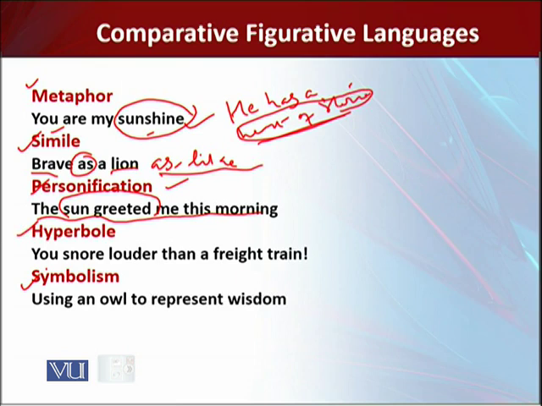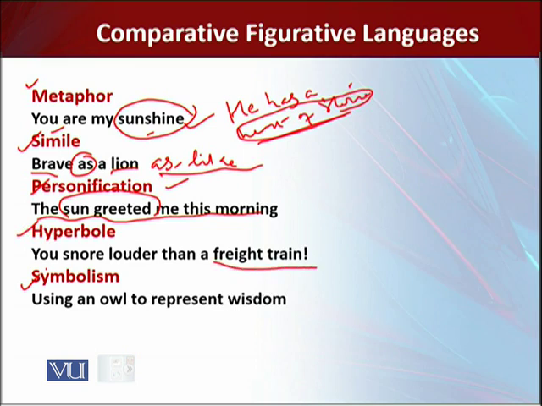Then you have hyperbole. That is an outrageous exaggeration that emphasizes a point. It is sometimes funny or ridiculous because things are presented in the form of exaggeration. You can say, you snore louder than a freight train.